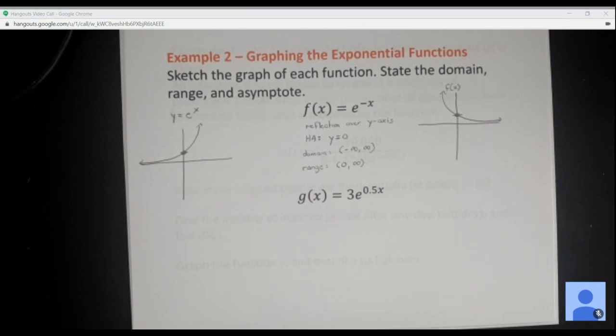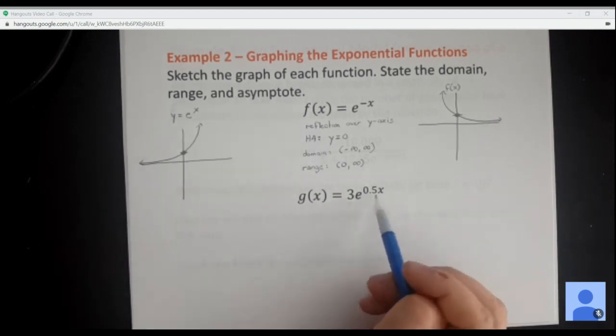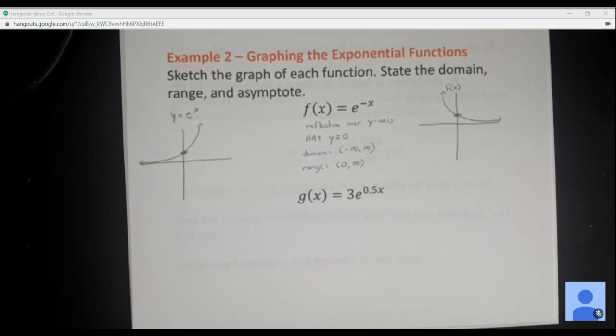All right, let's look at the second one. So now we want to think about what transformations are going on with 3 times e to the 0.5x.